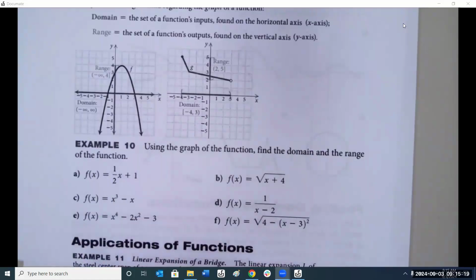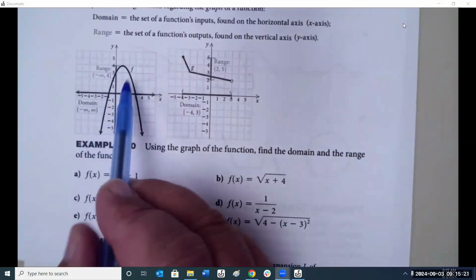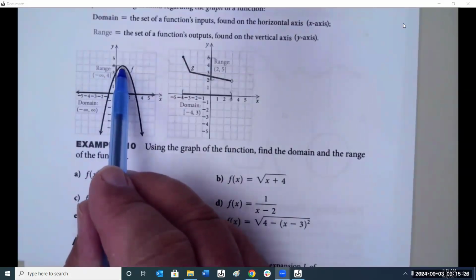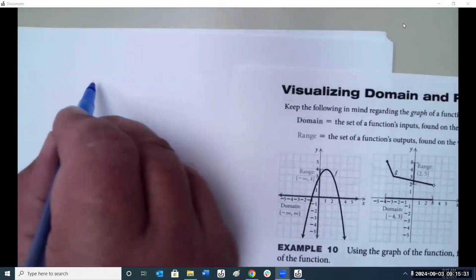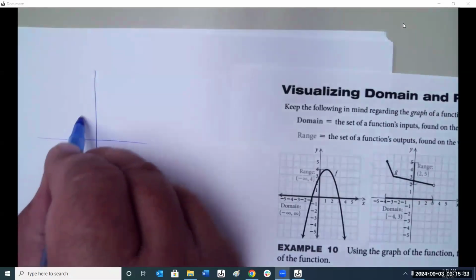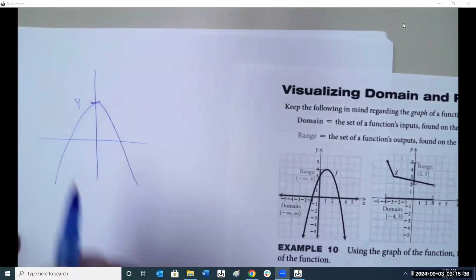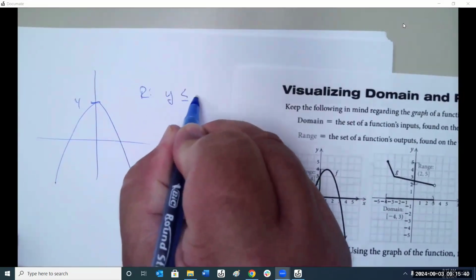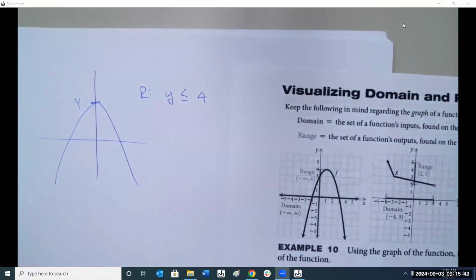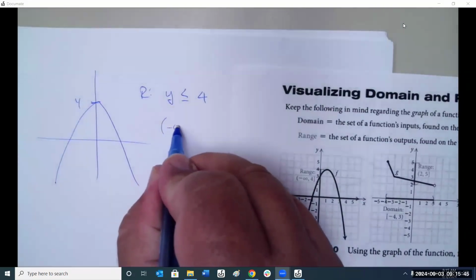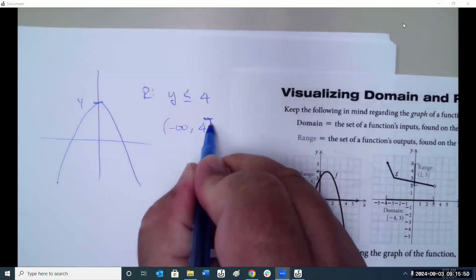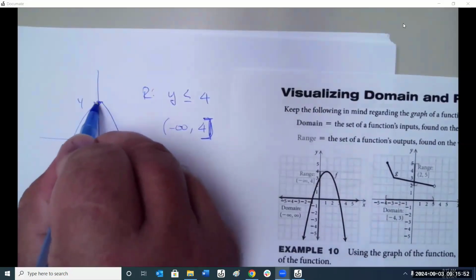What's the range? From negative infinity to 4. Or you can say the range is y is less than or equal to 4, or from negative infinity to 4. This is a bracket because it is a solid dot there.